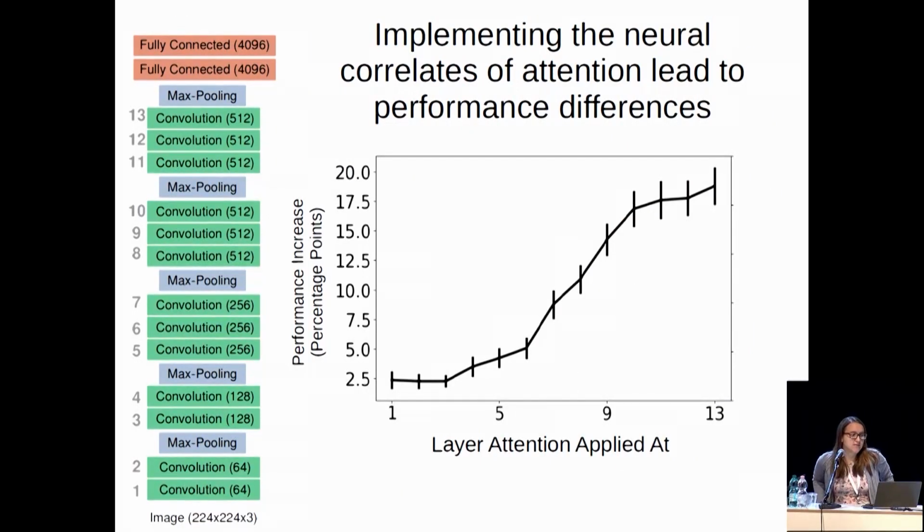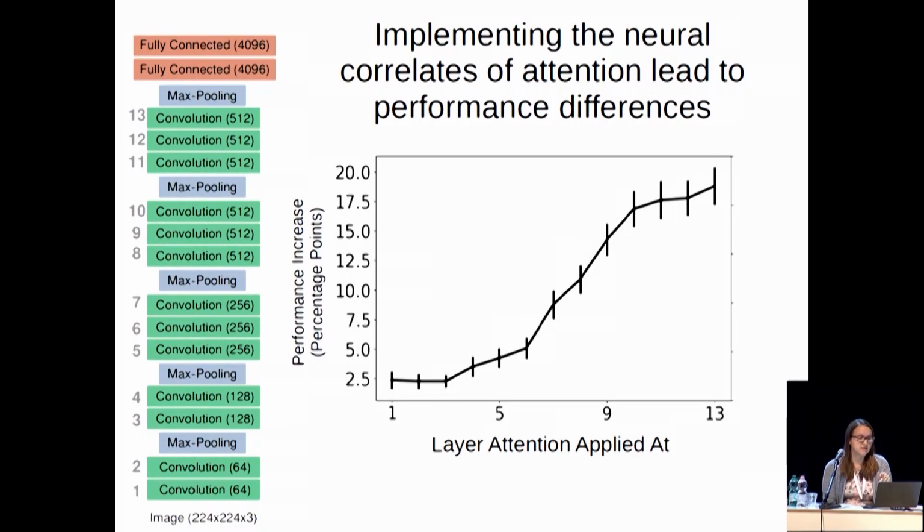Okay, so I can do this at each layer in the network, this scaling up or down based on the tuning of the feature maps. And what you're seeing here is the increase in performance that comes from doing this, the increase in binary classification performance. So if the model needs to attend to clocks, and I'm putting in these weird, difficult images, and some of them have clocks and some of them don't, applying attention at different layers in the network can actually make the network better at doing that task.